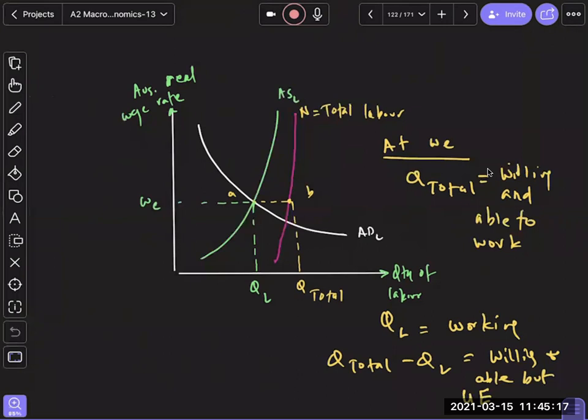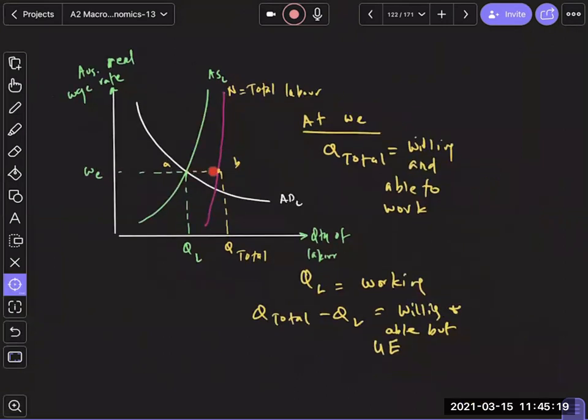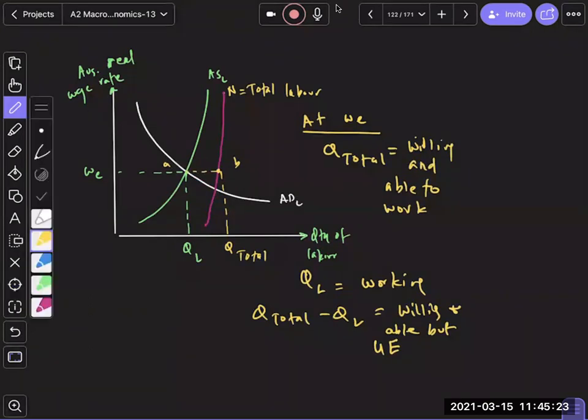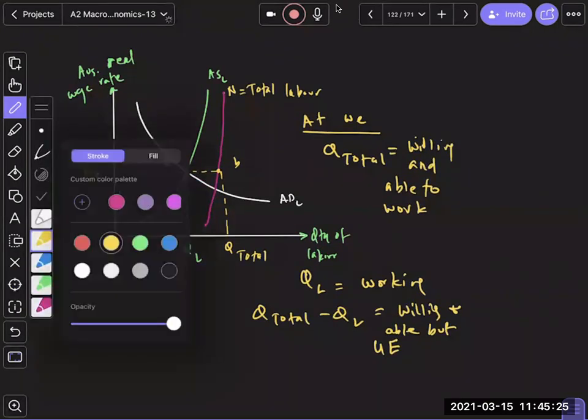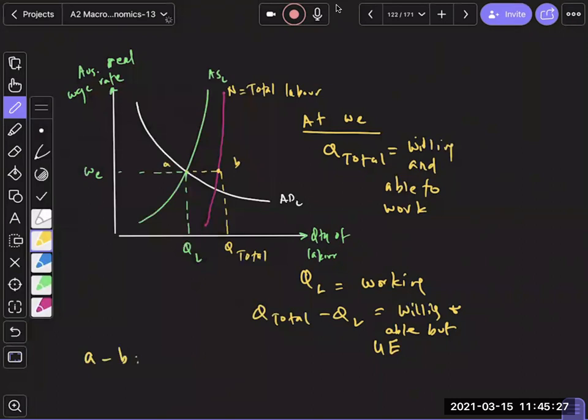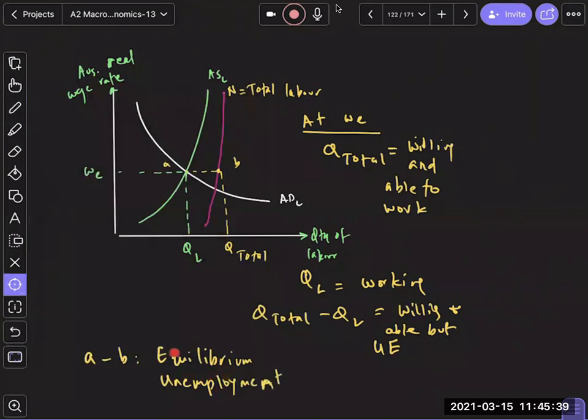And these are the people, guys, who we say are basically unemployment, or rather, A to B is what we call equilibrium unemployment. So there are some people who at equilibrium are unemployed, and that's these A to B people.